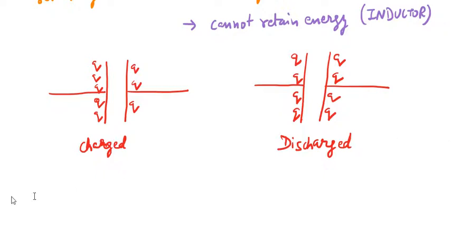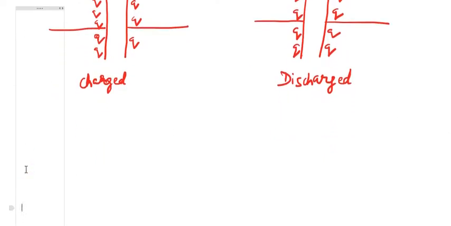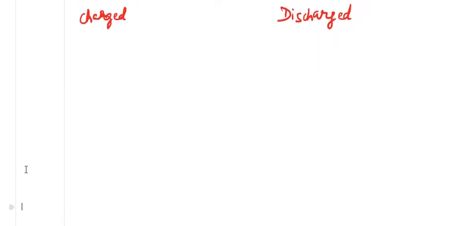Capacitance is the proportionality constant when the current at any time t is proportional to the change in voltage with respect to time. That means i(t) is proportional to dV(t)/dt.